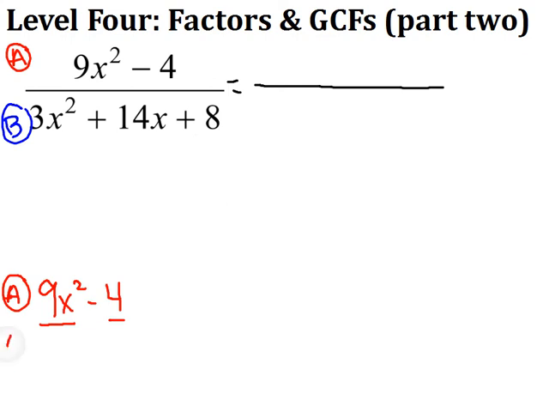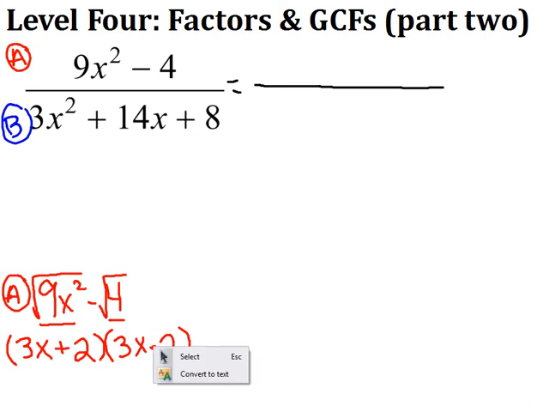The pattern here, you would take the square root of the first term, and that is what starts both of those factors. So the square root of 9 is 3, and the square root of x squared is x. So both factors start with that. And then you square root the 4, and your factors end in 2. You will always have one factor with a plus and one factor with a minus.